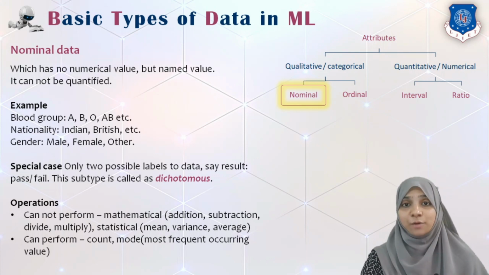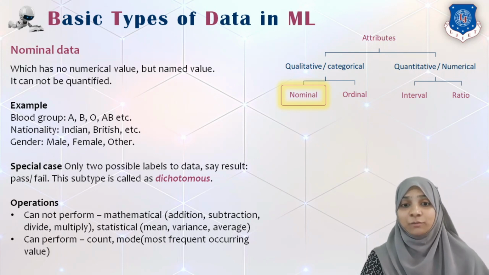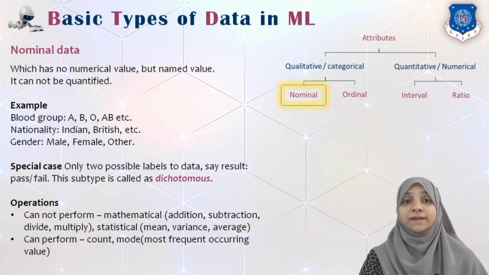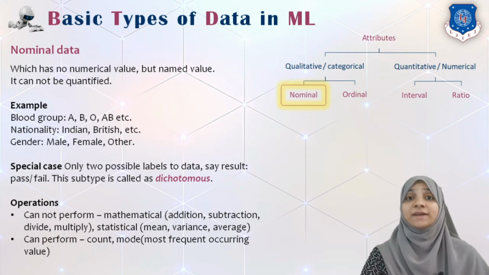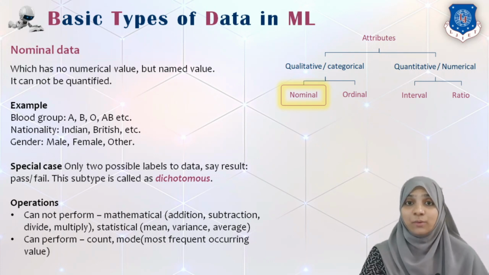as well as they are nominal, because we cannot measure the two values within the same relation or within the same attribute. Similarly, the nationality of a person, whether Indian or British or American, you cannot measure them. I cannot say a particular person having one nationality is better than another person having another nationality. Similarly, gender, male, female, or other. We cannot measure, or we cannot do greater than or less than comparison or equality between these values within an attribute.